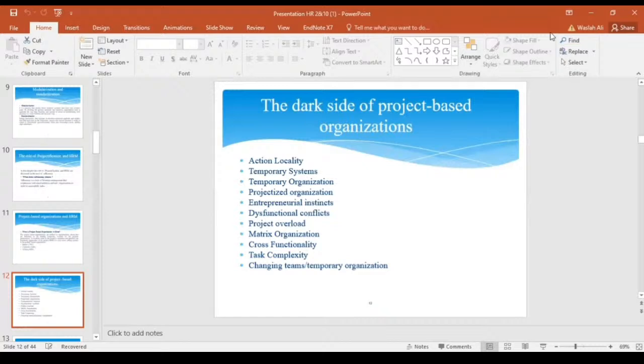Consequences of matrix organization: dual affiliation, loyalty problems, and unclear responsibilities. What is cross functionality? Lack of deep expertise and lack of affiliation are included in cross functionality.